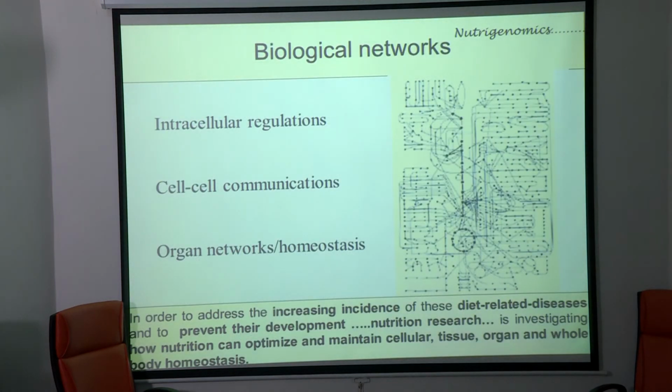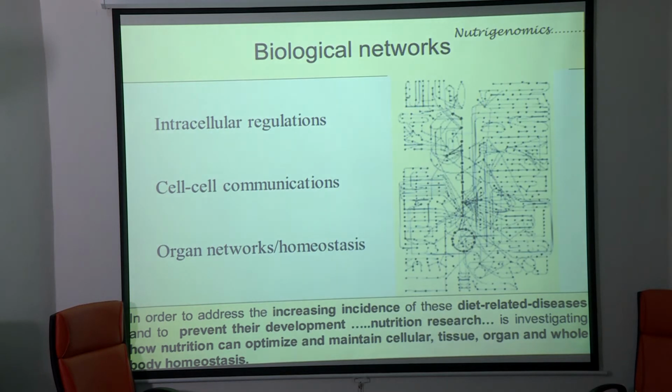Now, in order to address this increasing incidence of diet-related diseases which we are seeing with the changing times, nutritional research is now investigating nutrition to optimize and maintain cell homeostasis at the cellular, tissue and organ levels.